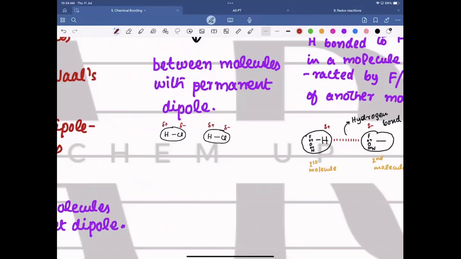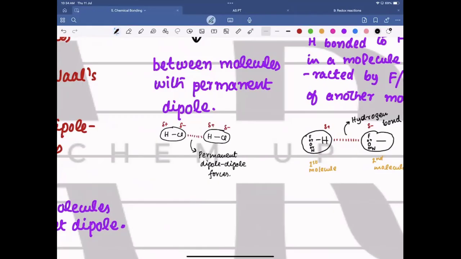So when these oppositely charged parts of the molecules start attracting each other, we call it permanent dipole forces. Is this clear?